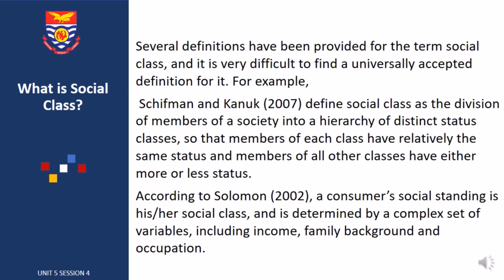Several authors have propounded definitions of this same concept. According to Schiffman and Kanuk 2007, they define social class as the division of the members of a society into a hierarchy of distinct status classes, so that members of each class have relatively the same status and members of all other classes have either more or less status.